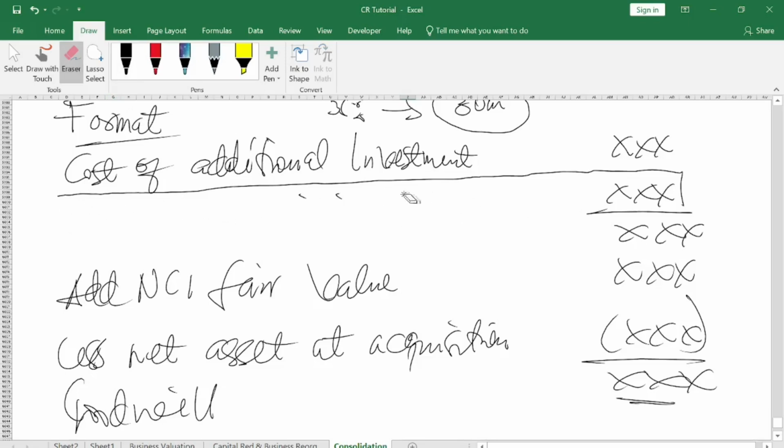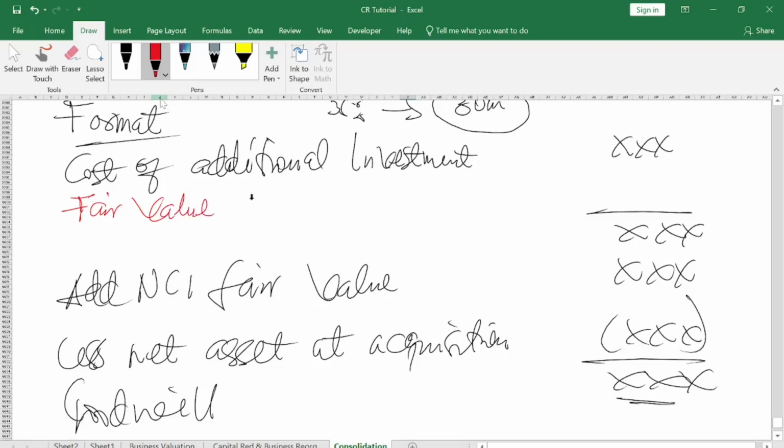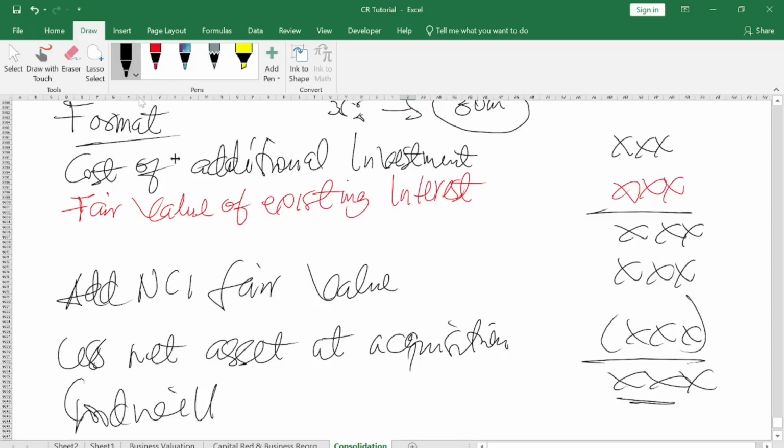The rest you know already. The fair value of existing interest, you just add it. So the additional money that you are bringing in will top up for you to become the parent, plus the existing shares that you have in the company. When you add it, that is what is going to give you the mandate to be the parent. The rest, you know it.